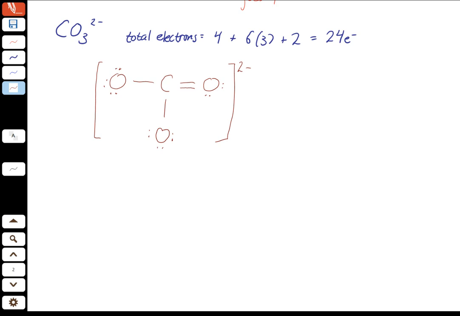So if we were to do some spectroscopy on this ion and actually measure the bond lengths, based on this structure, we would expect to see 1 double bond and 2 single bonds. But when we do those measurements, we don't see that. We see 3 equivalent bonds. And the reason for that is an effect called resonance.